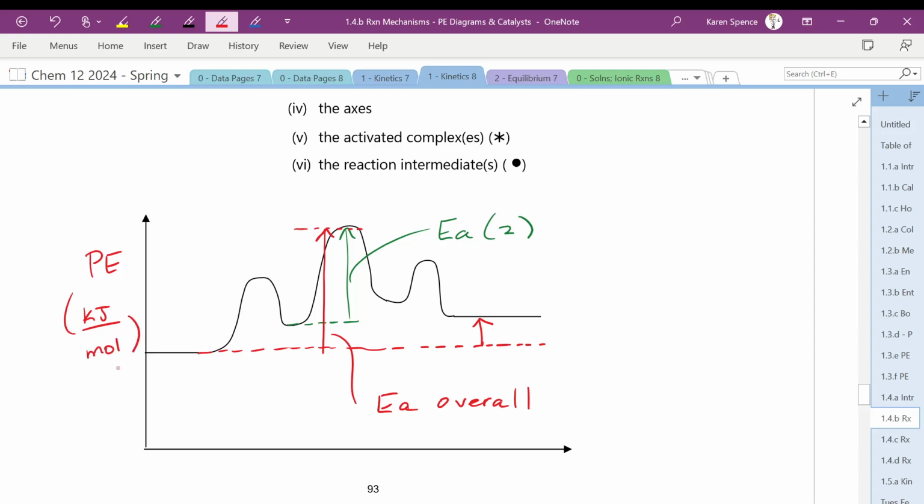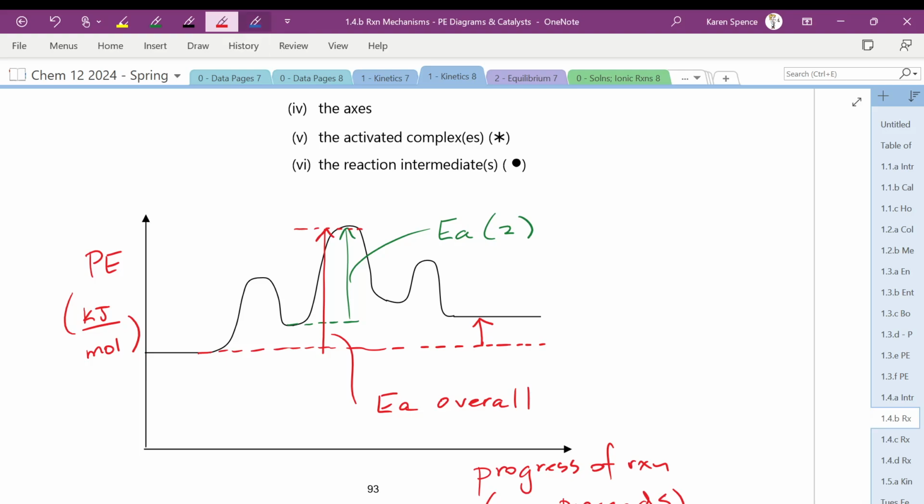And on the x-axis, we have the progress of the reaction. You can say reaction proceeds. Someone asked, can they say progression of reaction? That's fine too. As long as you're saying the reaction is going on, that's basically fine.